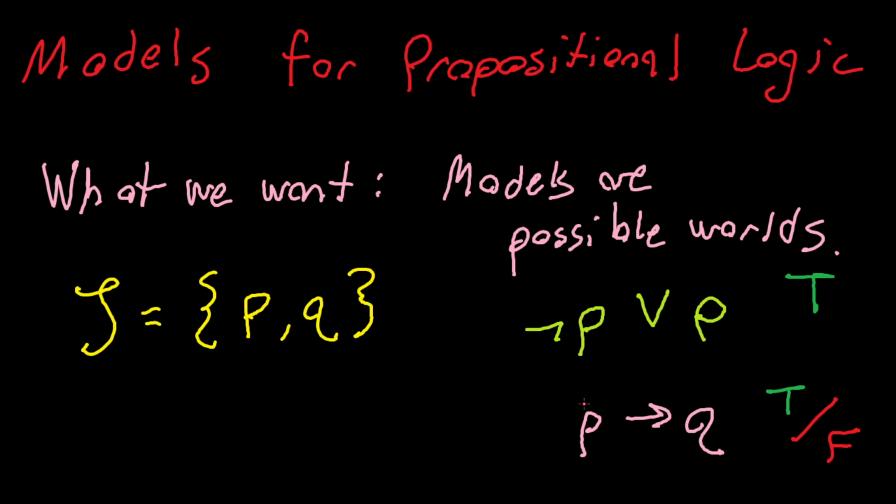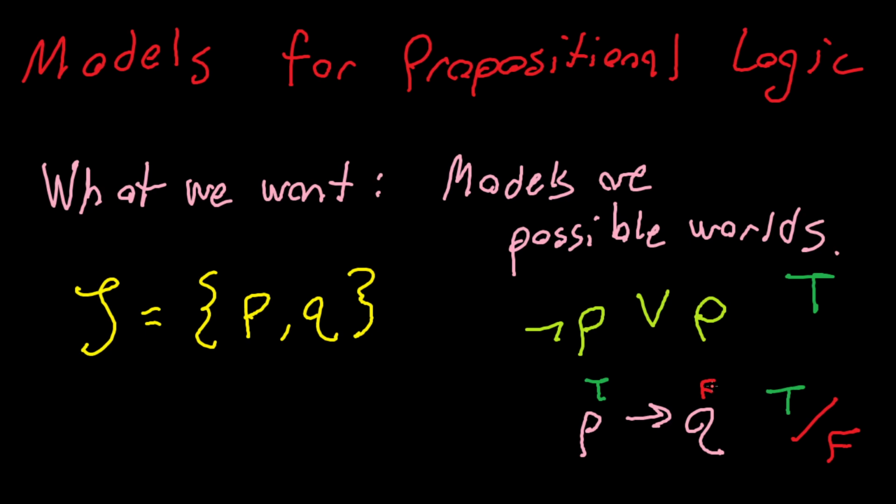So, of course, if P is true and Q is false, then this whole thing happens to be false. But if P is true and Q is true, then it would be true. So I can write down a sentence like P implies Q, and that's a sentence that in some possible worlds is true, and in some possible worlds is false.